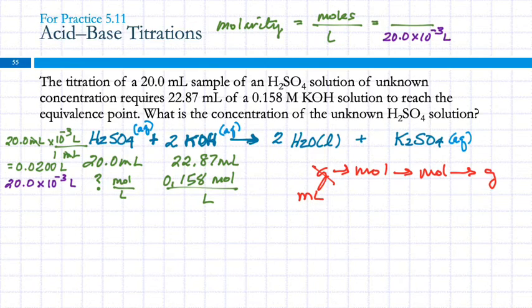So we've got a volume of KOH, we can find moles of KOH, we can find moles of H2SO4. Do we need the grams of H2SO4? No, we're trying to find the moles, so we don't need that last step.